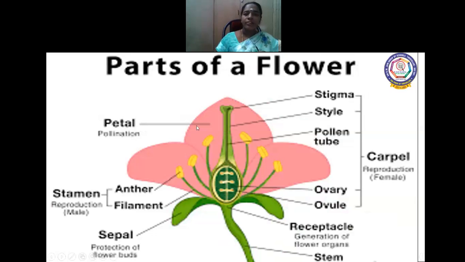Petals, the colorful part of the flower. Anther, filament is the male part of the flower. Stigma, style, and pollen tube.